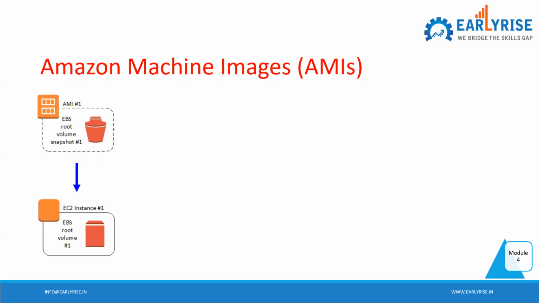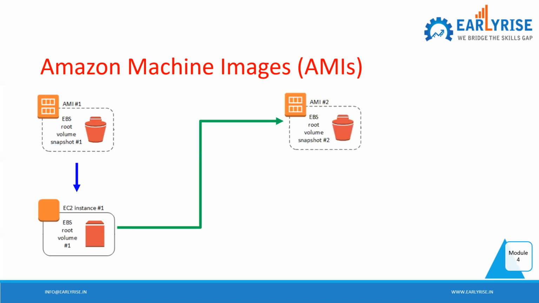Say you have AMI number 1, and you have created one EC2 instance out of that particular AMI. Now that AMI will have one root volume. From that particular instance, again you can create one AMI. You can install some software, make some changes, whatever you want, and then create another AMI.